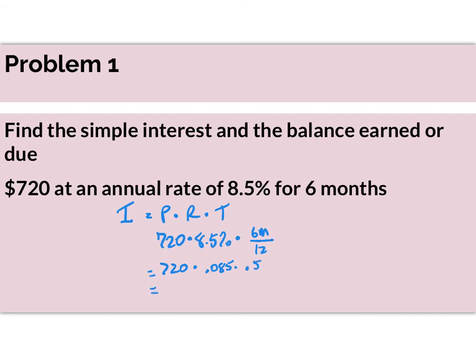And that gives us 30.6, which is $30.60. And now if we add that to the 720, we get the total due. So 720 plus 30.60 is $750.60. So if we borrow money at this rate for this length of time, we'll wind up owing $750.60.